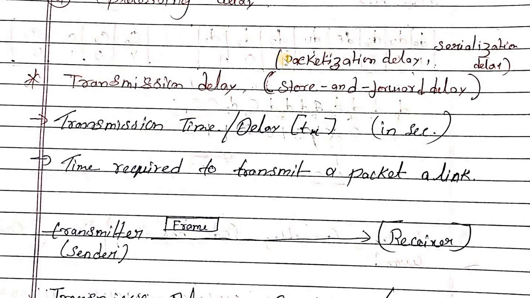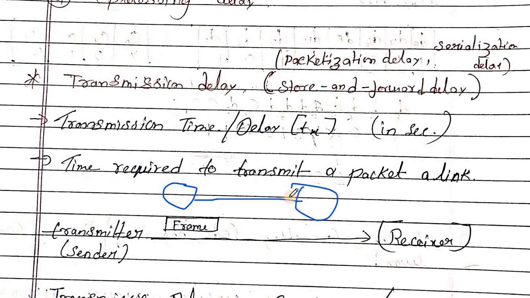Transmission delay is also known as packetization delay, serialization delay, and store and forward delay. So what exactly is transmission delay? The time required to put packets into the channel is called transmission delay. Here there is a device, and this is a channel, meaning a physical wire.